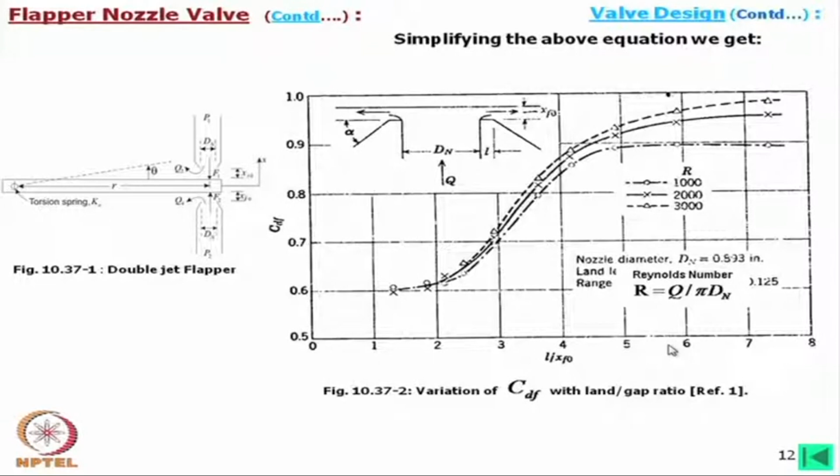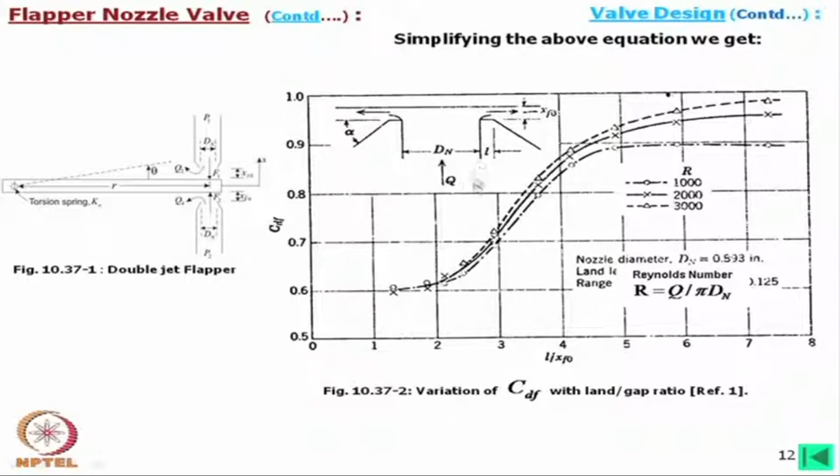If we consider some more realistic data on this, dn is given in inches, 0.893 inch, which means a quite large one.